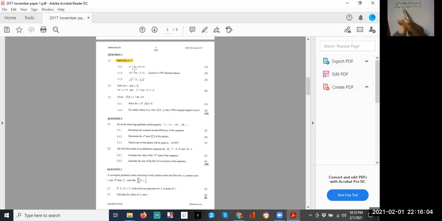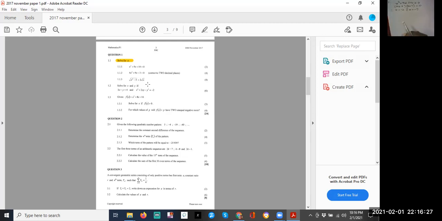Therefore, if you take this to the other side, your x will remain this side, and this 2 goes that side. That will be minus 2, or x will be equal to minus 7. So that is how you factorize.